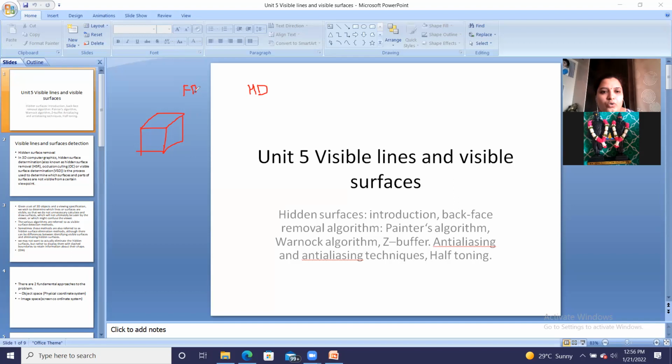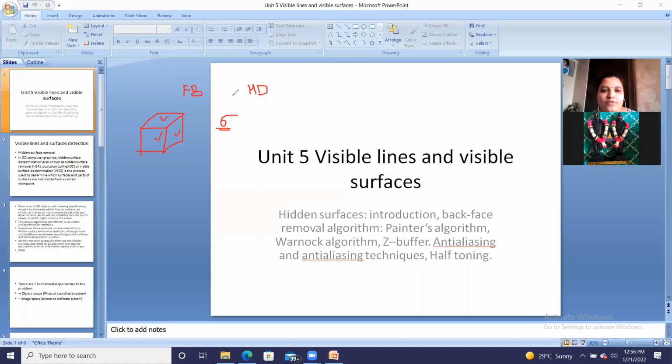If I know which surfaces need to be displayed, because this cube has a total of 6 surfaces, and out of 6 surfaces only 3 are visible, then instead of unnecessarily fetching the information about all 6 surfaces, I can fetch only the information about the 3 surfaces which are visible to the user, and then display them onto the screen.